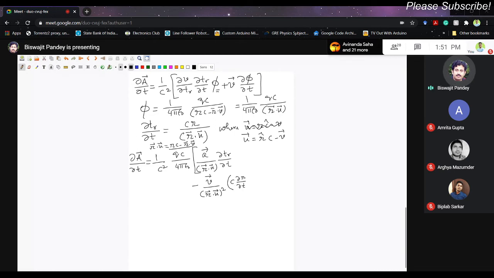So first c constant del r del t, then minus del r vector del t dot v, and then minus r is there and del v del t, right? So this makes it complete. So this is the first term, the second term multiplied by all that.